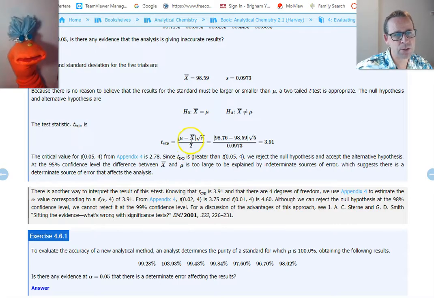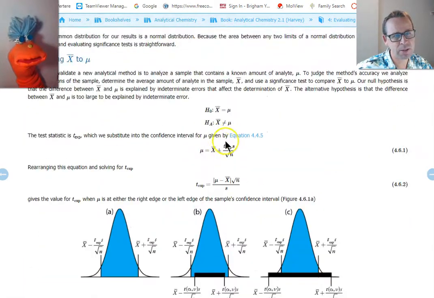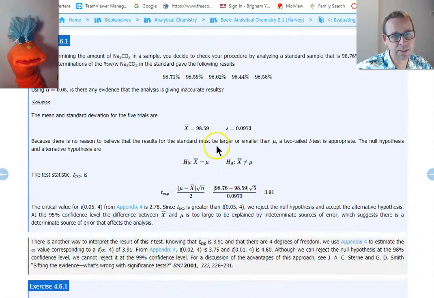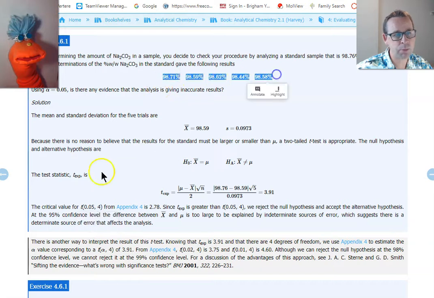That's what this t expected is, how much deviation we would expect. And the amount we would expect is related to the number of samples we run, or our degrees of freedom. We ran 5 samples, but we had 4 degrees of freedom, right?